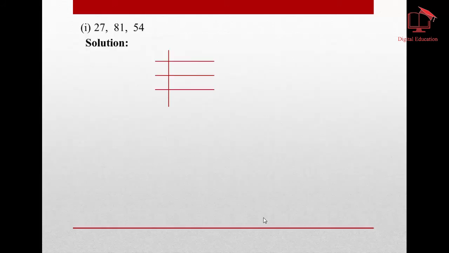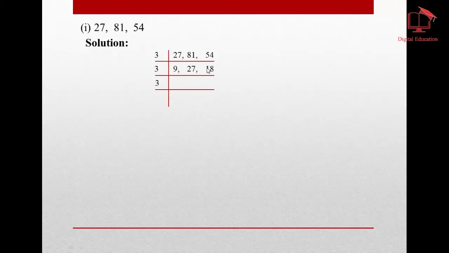Now question number 3, part first. Here we have 3 different numbers 27, 81 and 54. Firstly, we will take the LCM by common factor 3. Now 3 9s are 27, 3 27s are 81, 3 18s are 54.